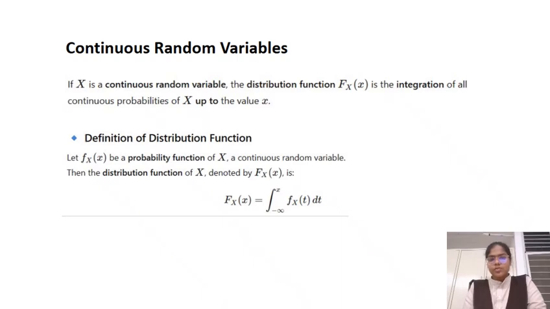Then the distribution function of X, denoted by F_X(x), is a continuous distribution function. The formula can be written as F_X(x) = integral from minus infinity to x of f_X(t) dt for a continuous distribution function.